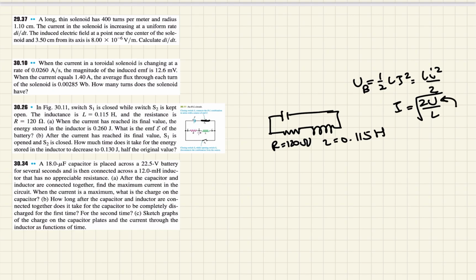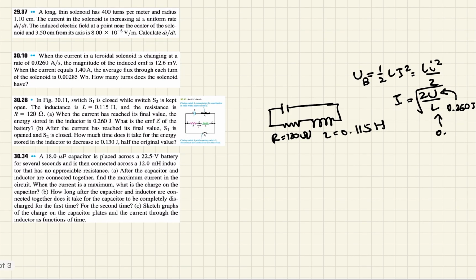The energy is 0.260 joules, sorry, I don't know where I got the 9 from. And L, the inductance, is 0.115 henries. I don't know why I think there's another 0 there, but there isn't.